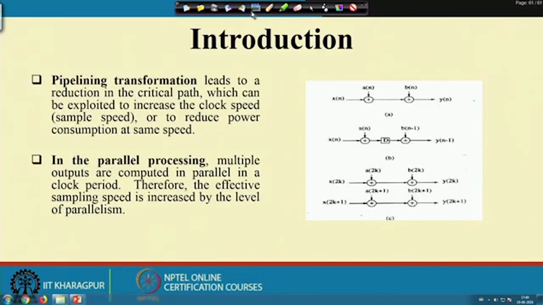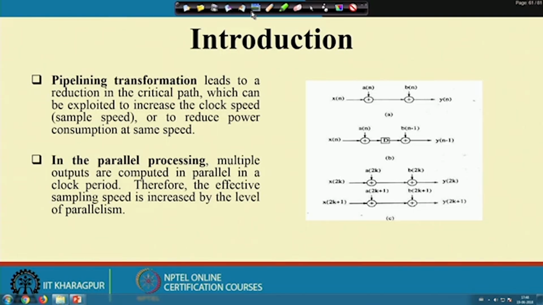Whenever we are talking about this, there are some terms that are very much associated with pipelining and parallel processing. One is latency. What is latency? Latency is the time requirement from applying the input to getting the output, how much clock period I need to wait.